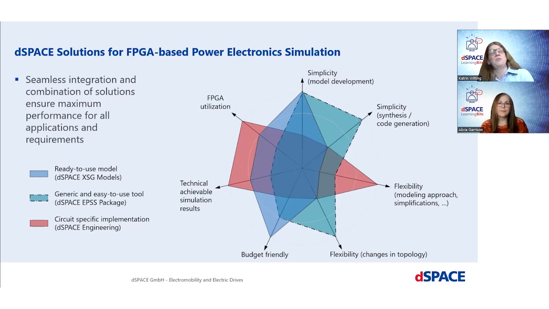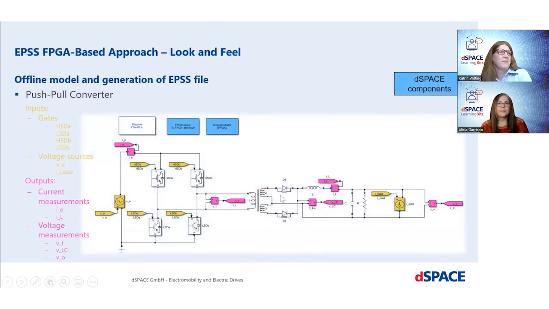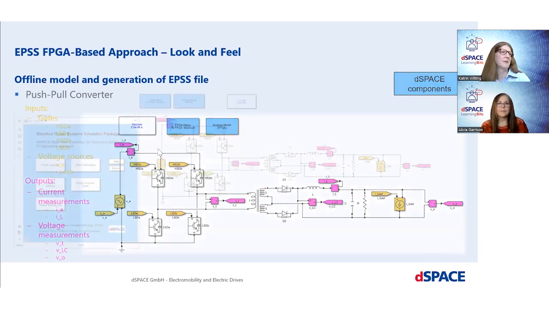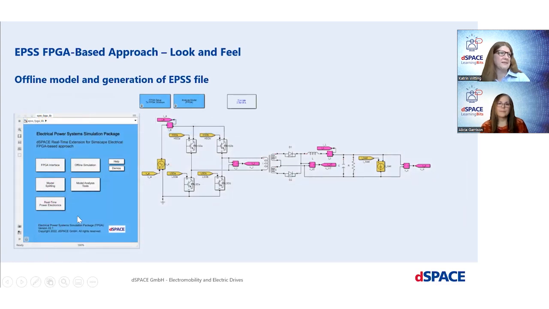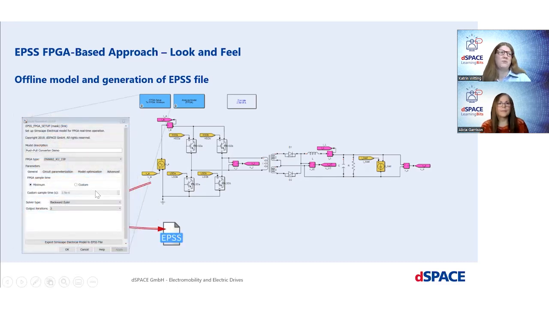I will show you an example to demonstrate the workflow. Here you see the Simscape Electrical model of a push-pull converter. The dSPACE EPSS library, which is shown here, contains several blocks which help for real-time simulation. A very important block is the setup block, which allows you to configure the sample time, the solver type, the number of output iterations, which are important to directly include diode switching, and so on.